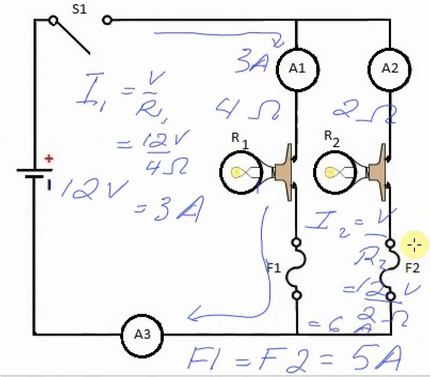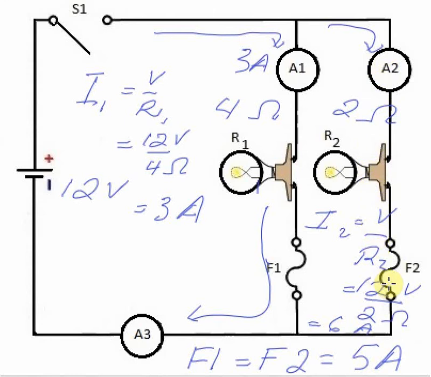So when the switch is closed, what it will try to do initially is pull 6 amps through A2, through this light bulb. It gets to the fuse and says, well, this fuse is only rated for 5 amps.